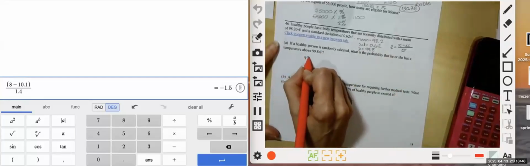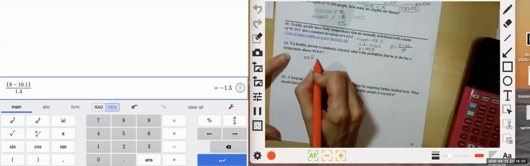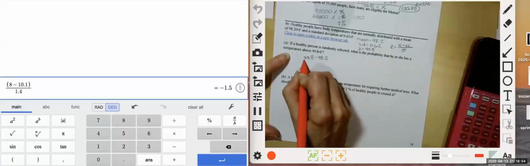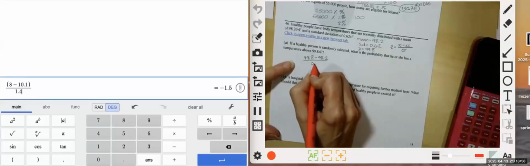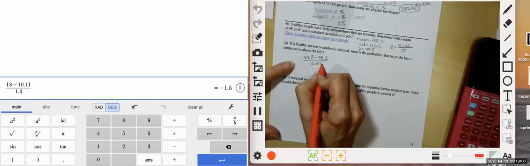So we're doing 99.8 minus 98.2 divided by 0.62, and that's Z equals.